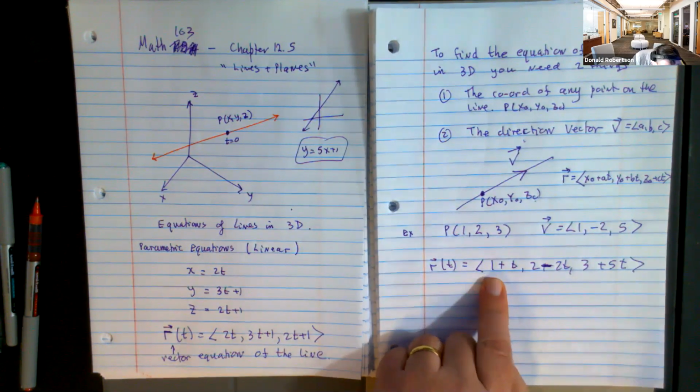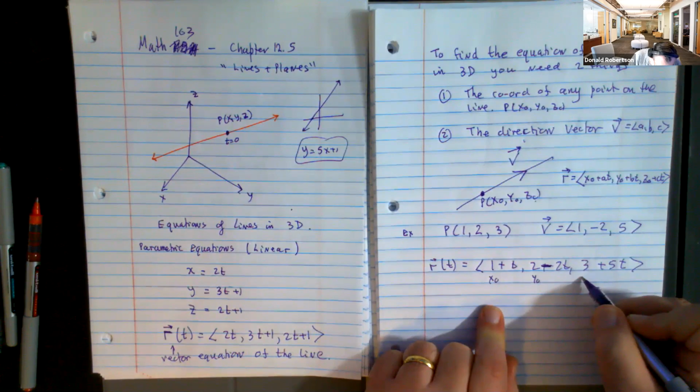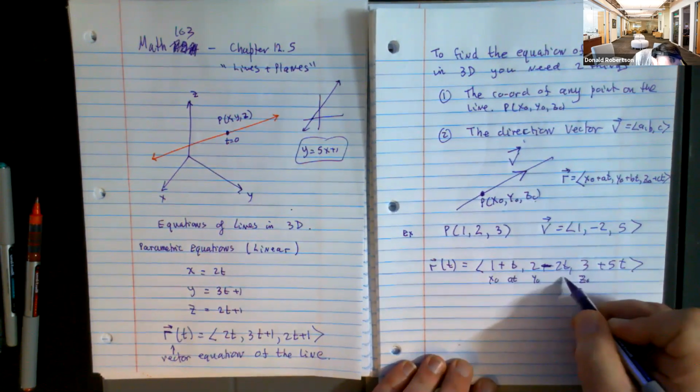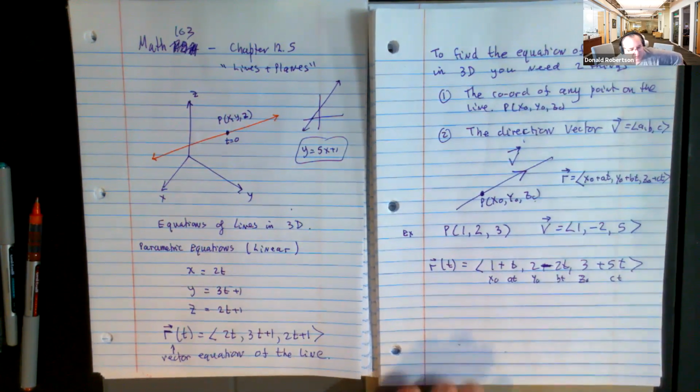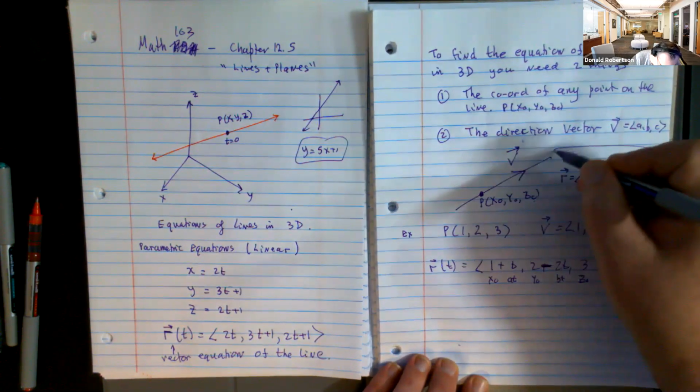The coordinates, and then AT, BT, CT. Are we comfortable with how to get the equation of a line? It's basically that guy.